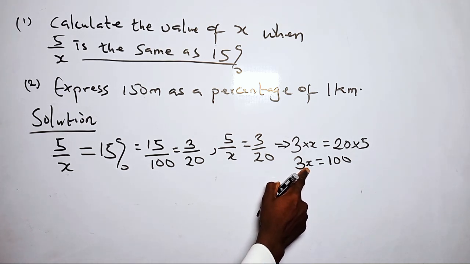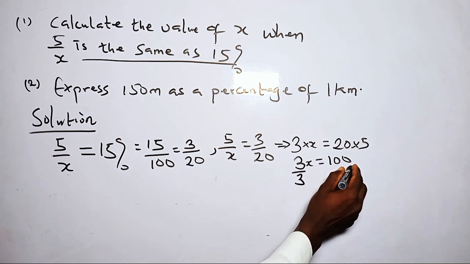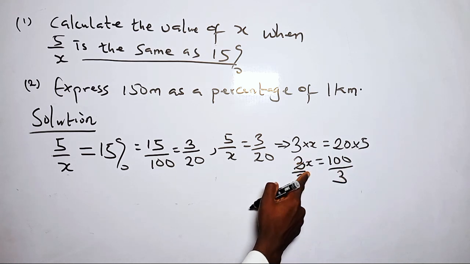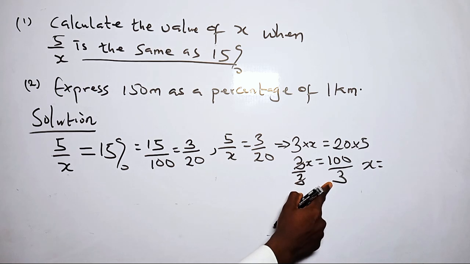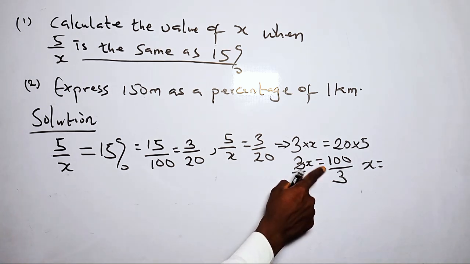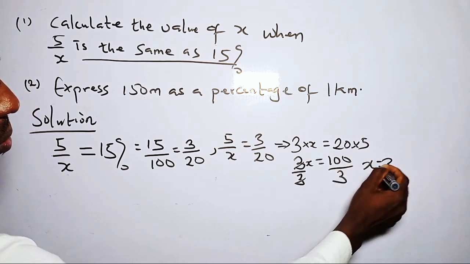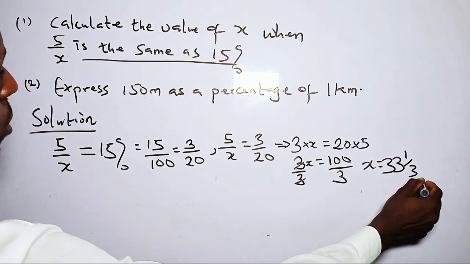To get the value of x, we have to divide by 3. So we have x equals 100 over 3. Let's change to a mixed fraction because it's an improper fraction. 3 in 10 is 3, so here we have x as 33 and 1 over 3.